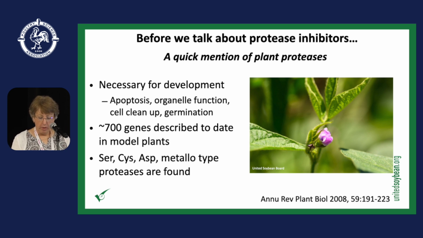From the nucleic acid sequences, the major classes of proteases are all present. Threonine proteases, which are a very tiny fraction in plants. Metalloproteases, which are in a minority, and then the majority are serine, cysteine, and aspartate proteases.